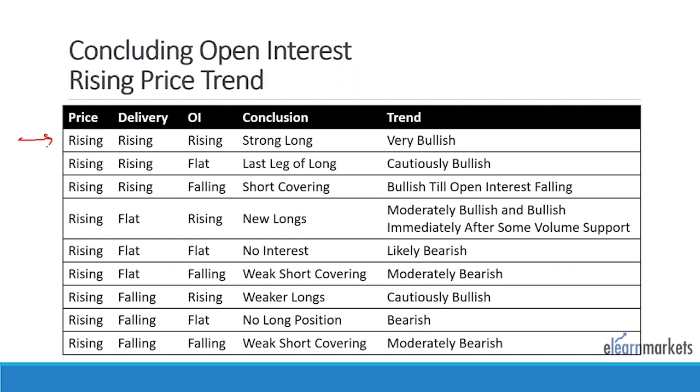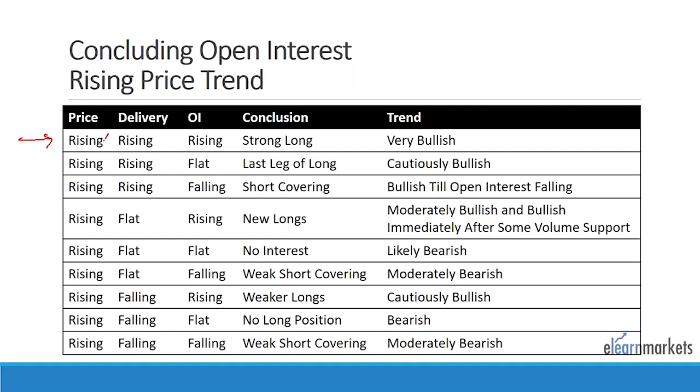So first is price is rising, that means the stock price has gone up. Delivery is rising, that means today the delivery in that stock in the cash segment is higher than the last 5-day average. And open interest has also gone up. That means more people have increased their position in the derivatives contract of that particular stock.